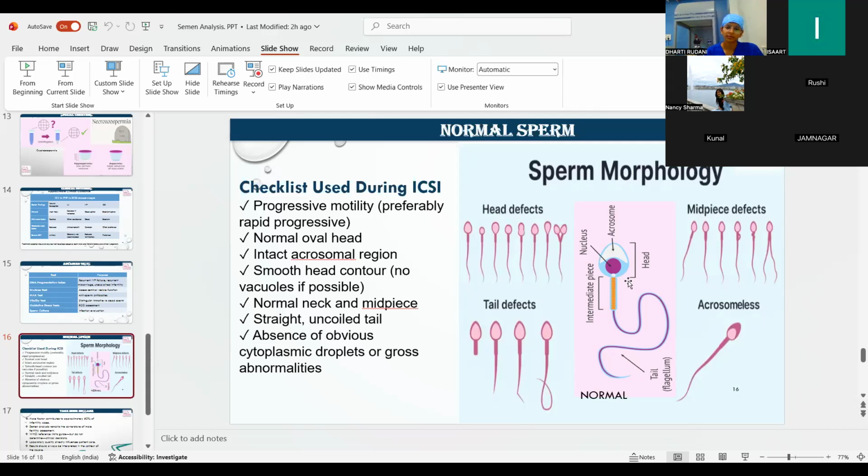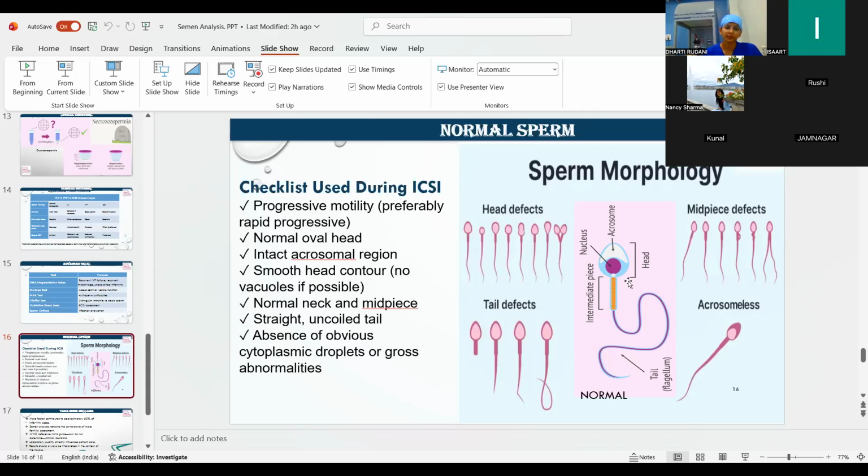If I have to choose between motility and morphology, I have to first go for the motility, so that the sperm is viable for ICSI, and then morphology. If I have all the options in the world, I'll see the motility, I'll see the morphology, everything normal, and then I'll take it.